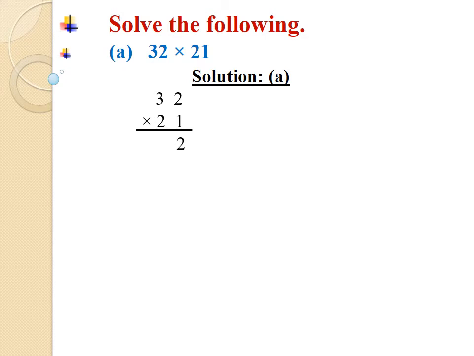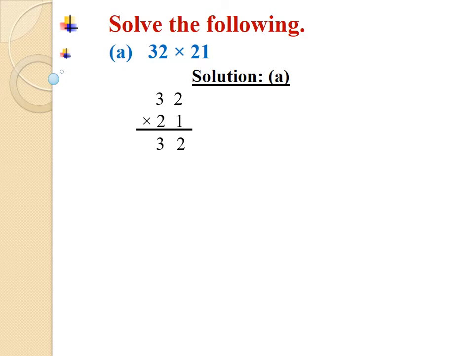Students, now we have to multiply 3 by 1. Thus, multiplying 3 by 1, we get 3. Students, note that if your step 1 is wrong, your whole sum will be wrong.